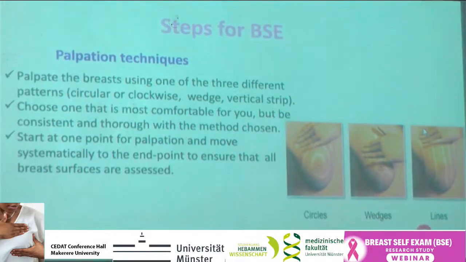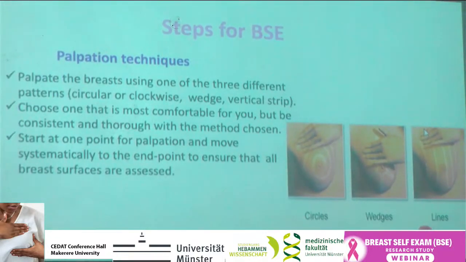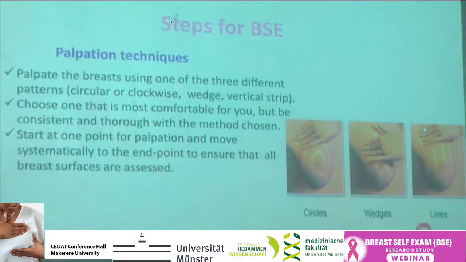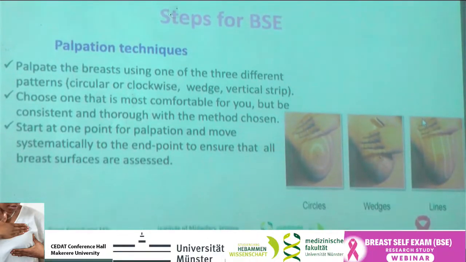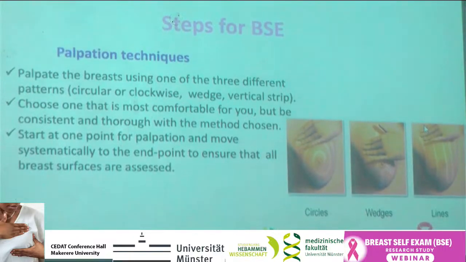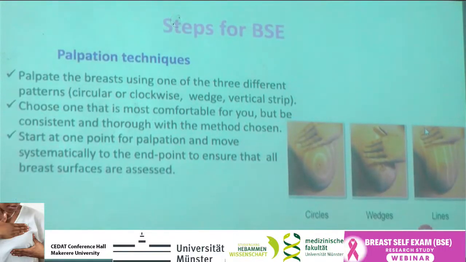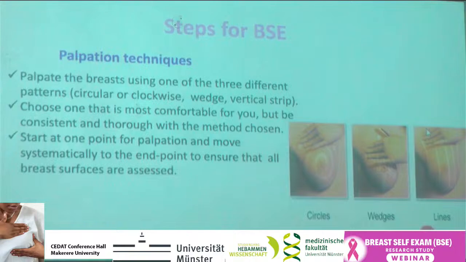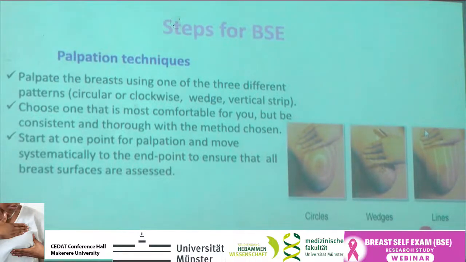And you have to be consistent and thorough with the method you choose. Start at one point for palpation and move systematically to the end point to ensure that all the breast surfaces are assessed.